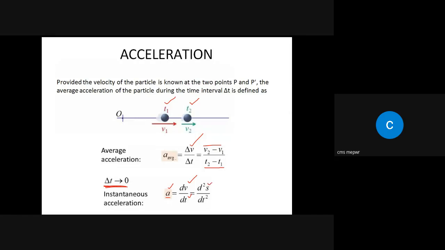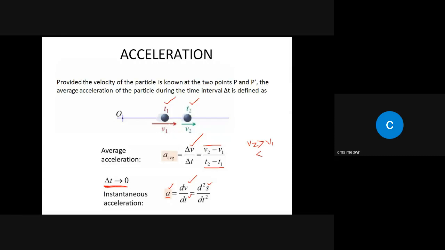Over here, if the final velocity v2 is greater than v1, in that case the change will be positive. Acceleration will be positive. If the final velocity is less than the initial velocity, the change will be negative and acceleration will be negative.